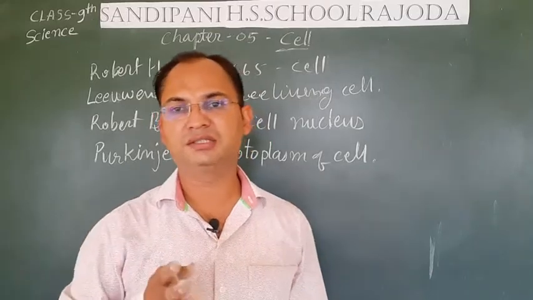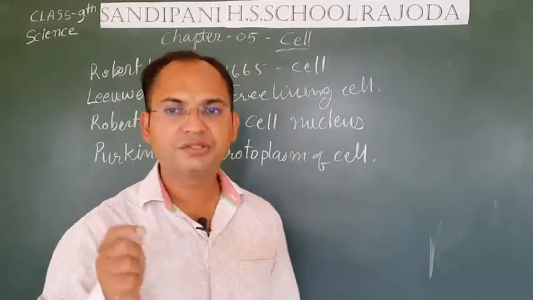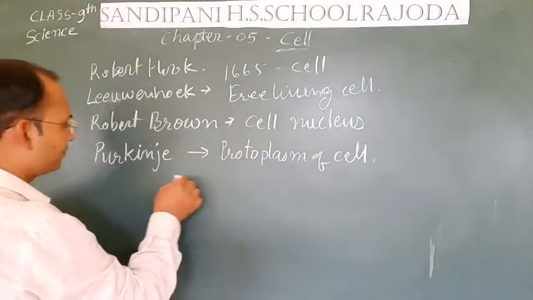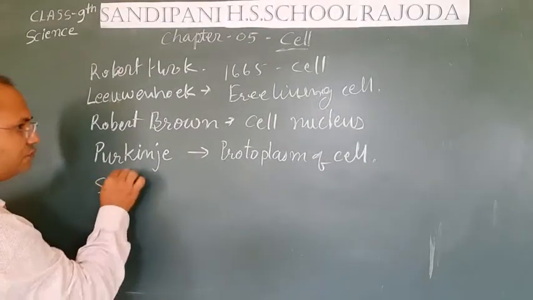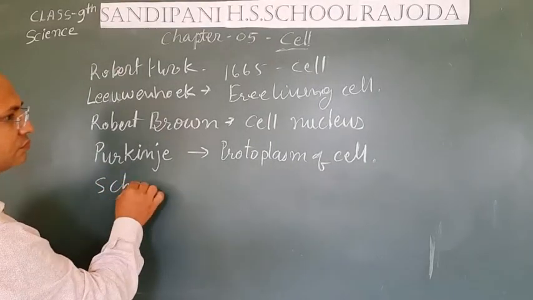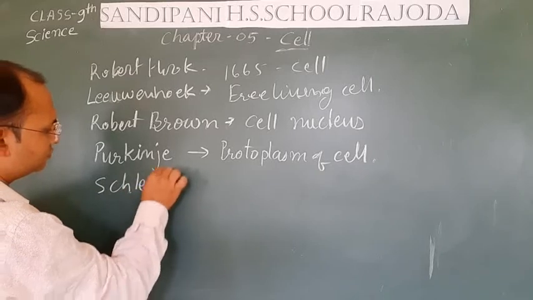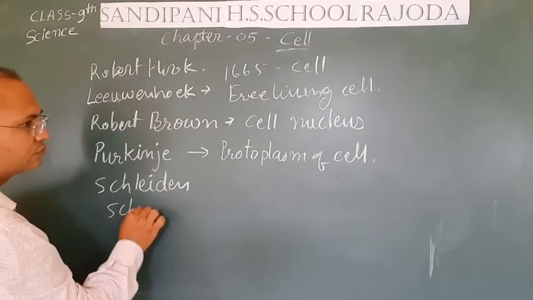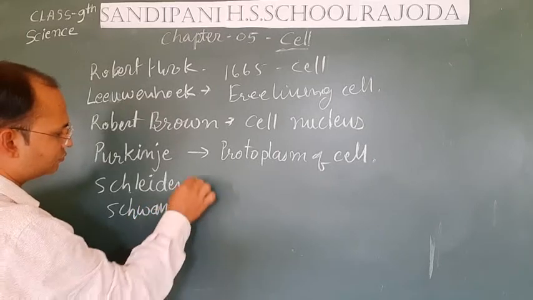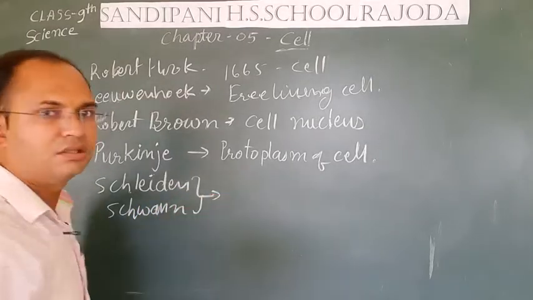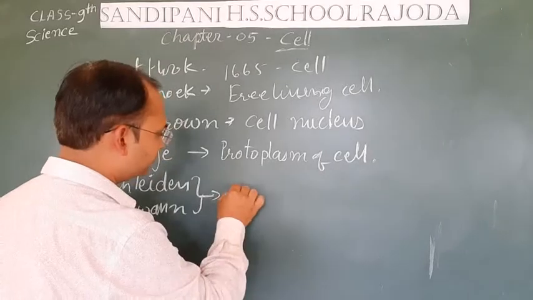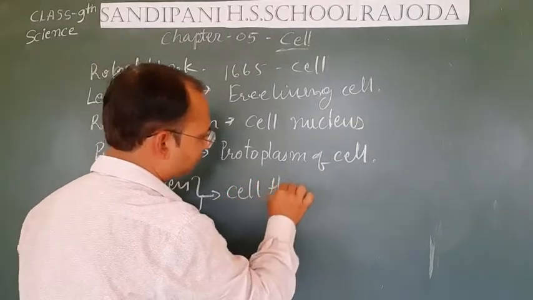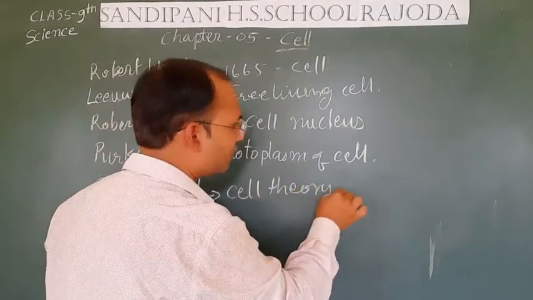So, two scientists, Schleiden and Schwann, collectively proposed the cell theory.